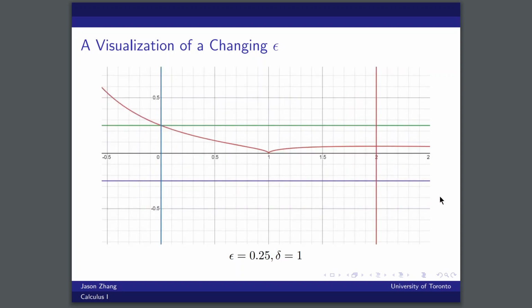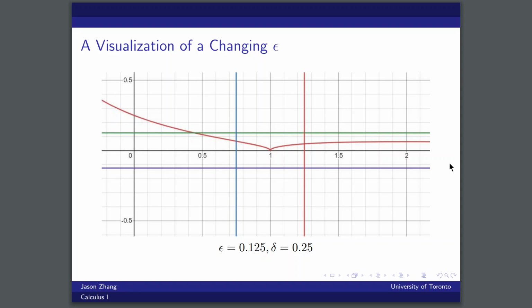So as we shrink epsilon further, we find that at this point, 16 epsilon squared is actually equal to 1. So delta is still 1. And at this point, we see that our curve intersects with this corner of the box. So it's still totally contained within this box when the x values are between 0 and 2, non-inclusive.